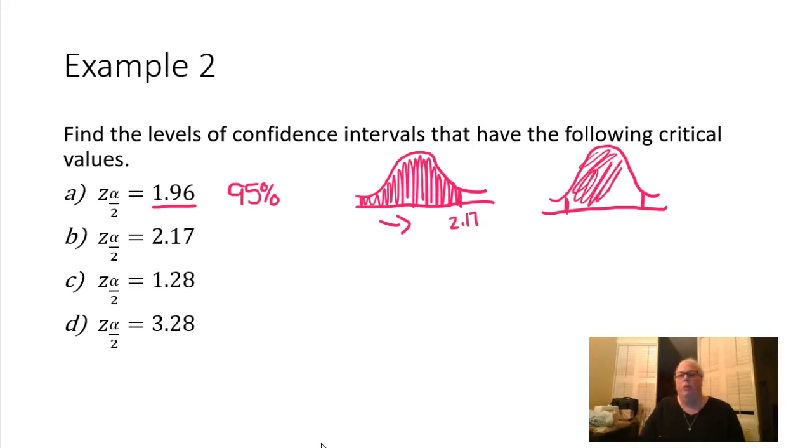And so we're looking at the area under the curve right here. So this is what I'm looking for. Okay. All right. And this is what I have to work with.